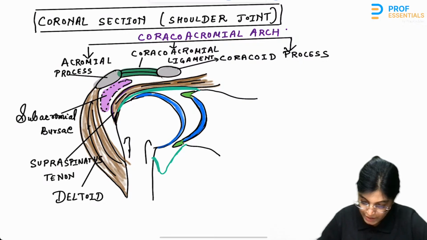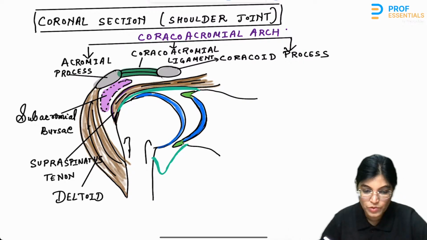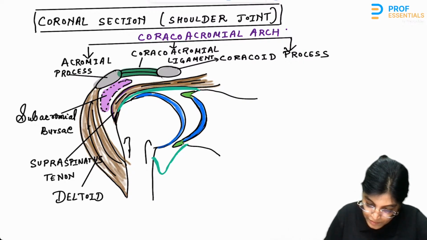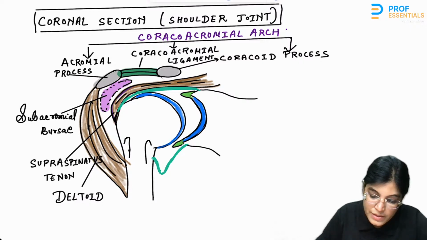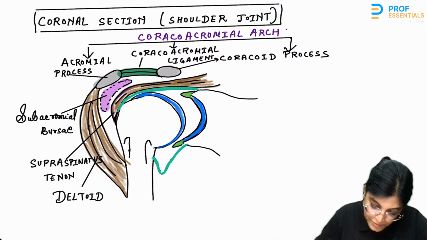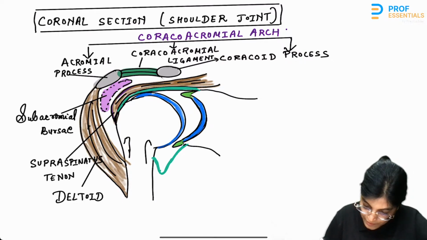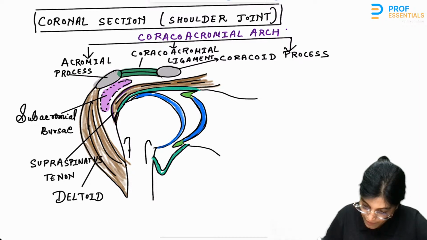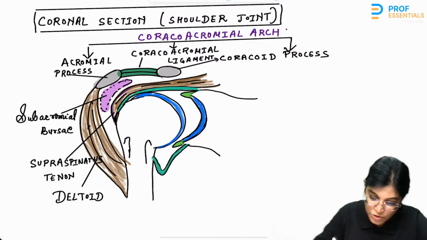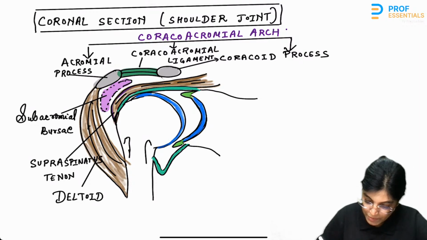So it is descending towards the surgical neck of humerus. So this is exactly the fibrous capsule. Got it? This is exactly the attachment of fibrous capsule which I have demarcated here.